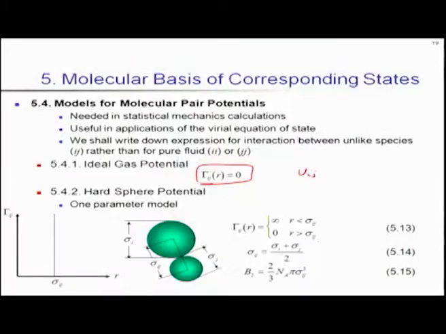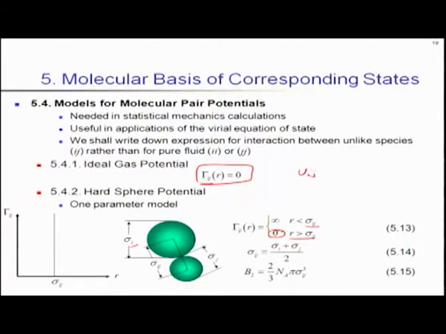The other most common potential model used in statistical mechanics is the hard-sphere potential model. In this case, it is like a billiard ball, where elastic collisions occur, and thus there are two parts of the potential depending on the contact of the particles. If the particle of type i and the particle of type j are separated by more than the center-to-center distance sigma ij, the potential is 0.